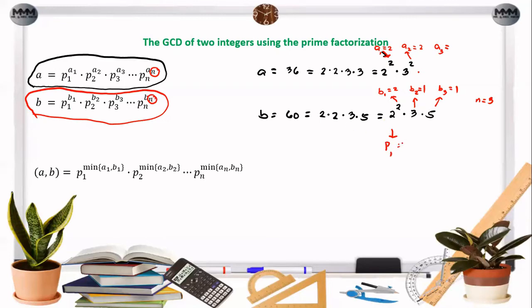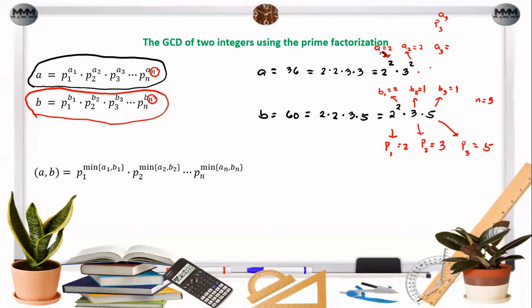P1 is 2. And then for P2, the second prime number is 3. And then our P3 is 5. Hence here, because we will write P3 raised to a3, we have P sub 3 raised to a sub 3. This is our missing factor for 36.